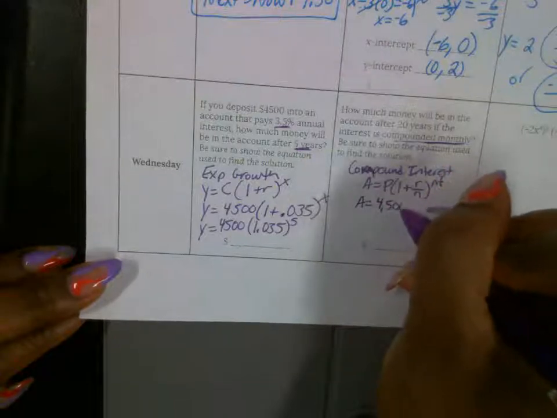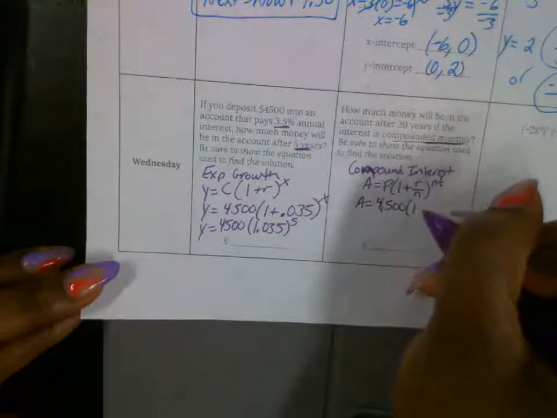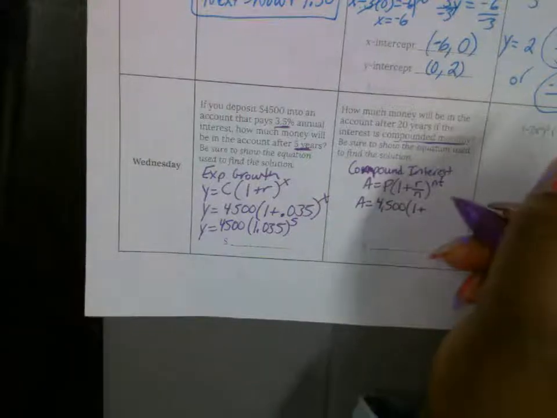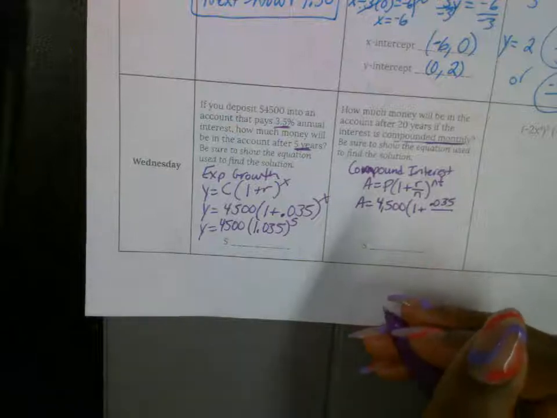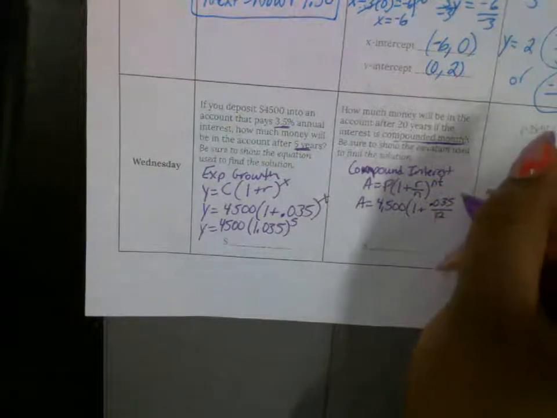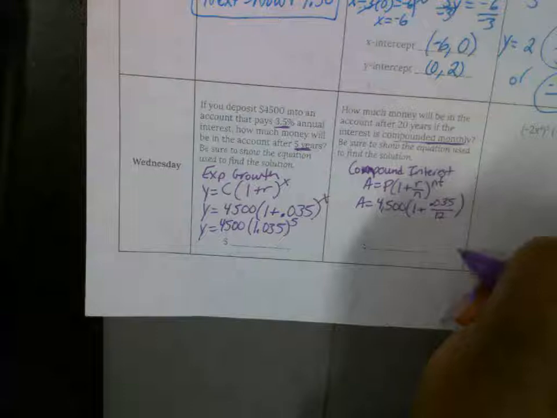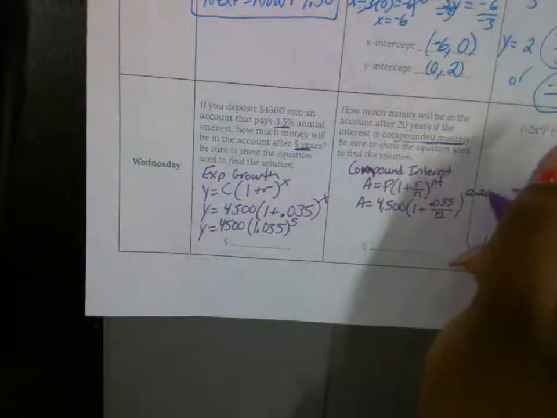And we got 1 plus, what do we put in the place of R? 0.035. Good job. What do we put for N? Yes, 12. And then we got NT. What's the N and what's the T? 12 and 20. So we got 12 times 20.